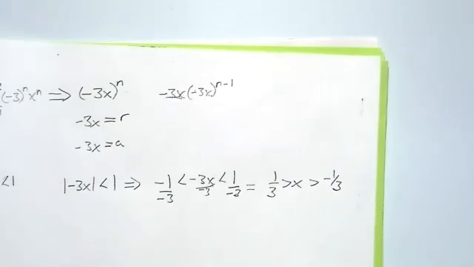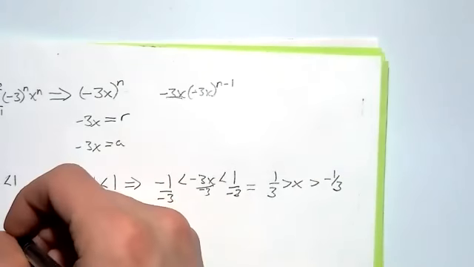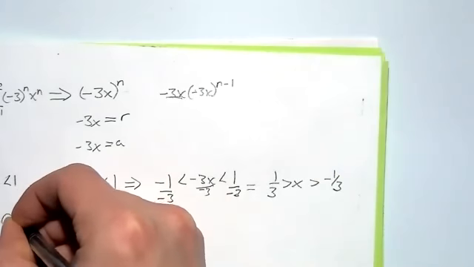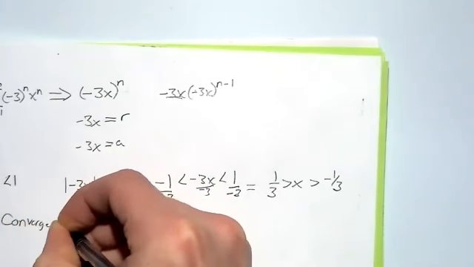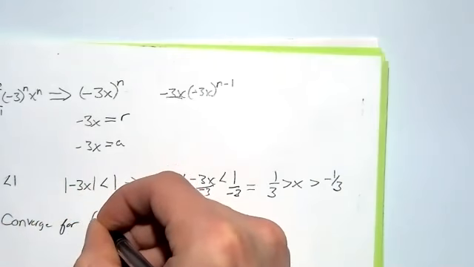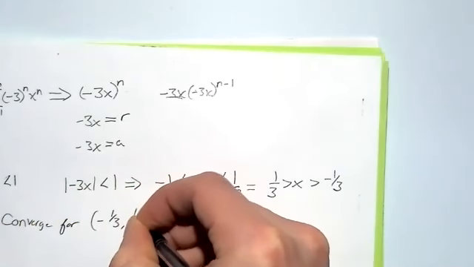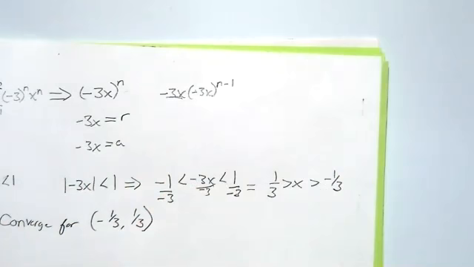They want us to use interval notation, so we would say we converge for (-1/3, 1/3). For values of x in between those, we will converge.